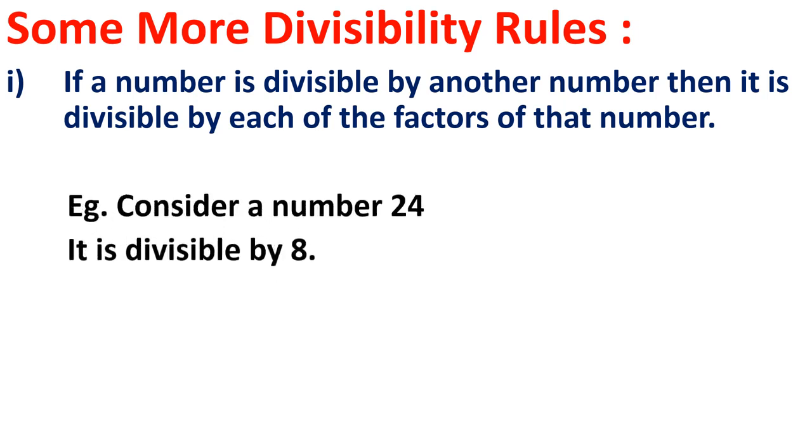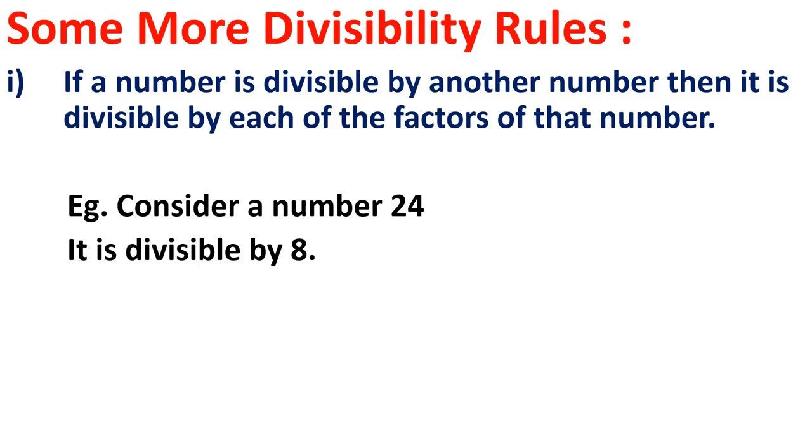Let us take a number 24. It is divisible by 8. It is there in the rule that if a number is divisible by another number, here 24 is divisible by 8, then the number is divisible by each of the factors of 8.